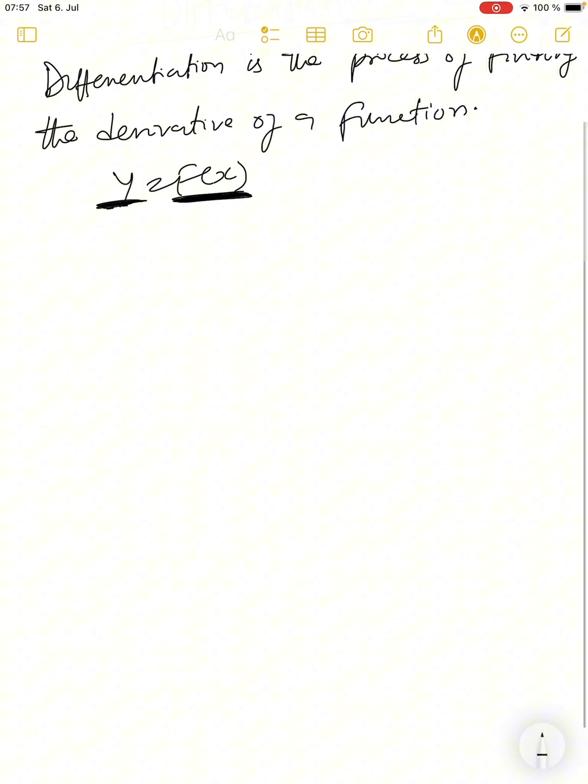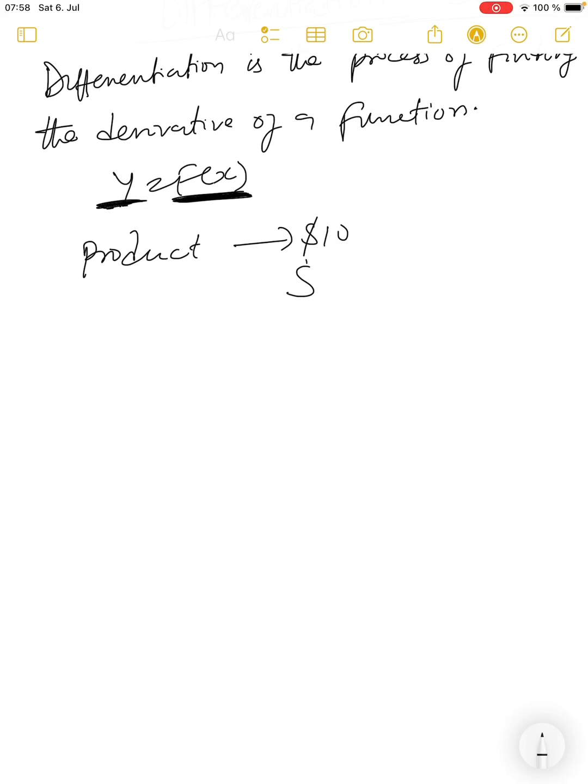For example, suppose you have a product that was sold at $10, and suddenly the price increased to $15. You will notice that people would want to subscribe to an alternative commodity that has a comparatively lower cost relative to the first case.